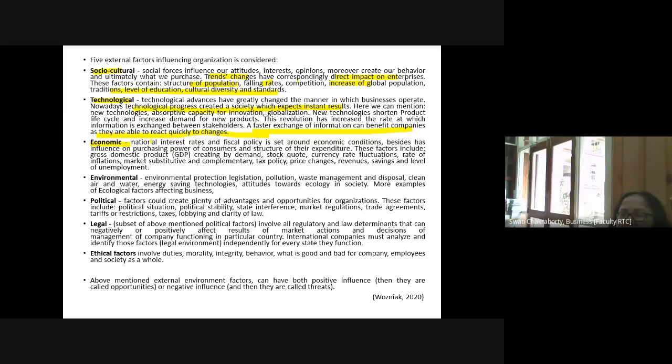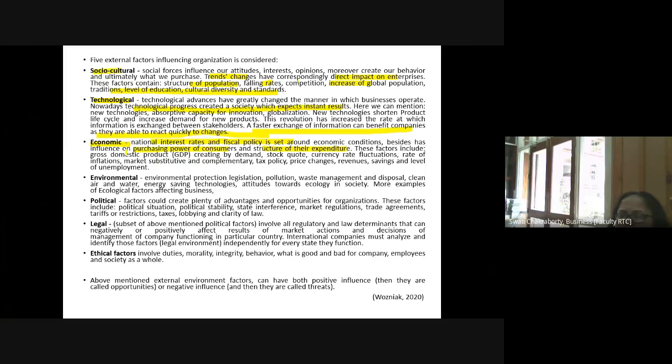Economic: these are the national interest rates and fiscal policy. They also have an influence on the purchasing power of consumers and the structure of their expenditure.